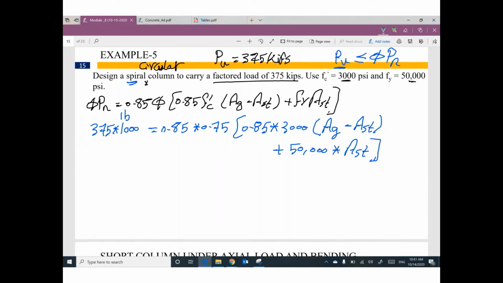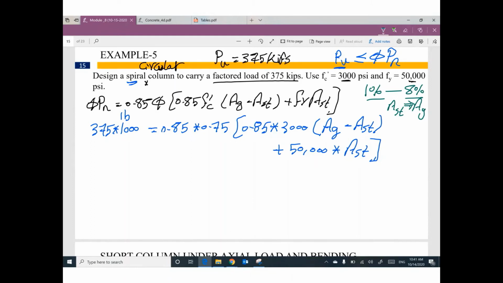For a spiral column also, we have a range, minimum percentage 1% to 8%. So the ratio between area steel and area gross is 1% to 8%, and you have to select a value.